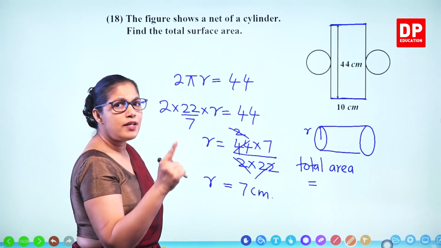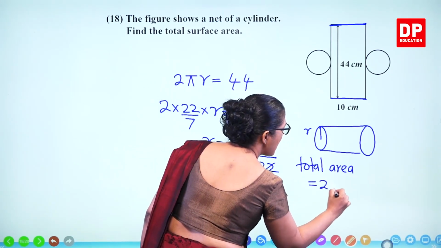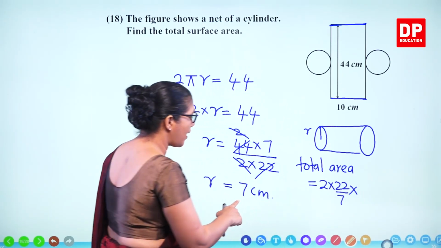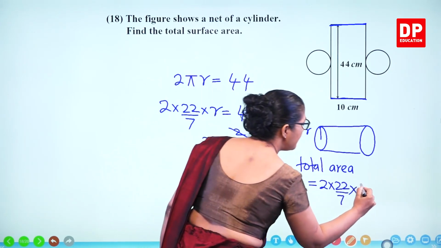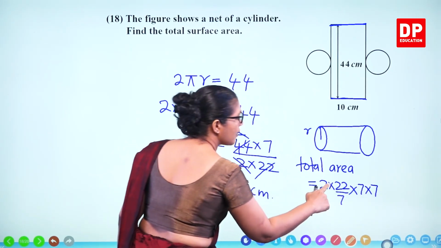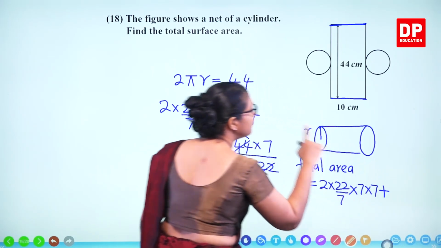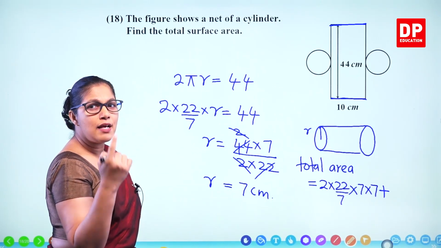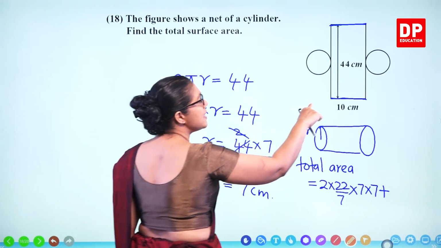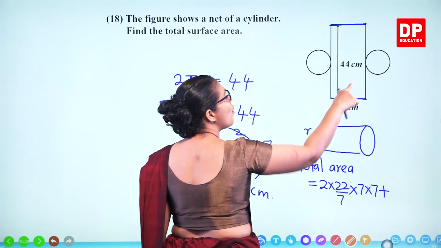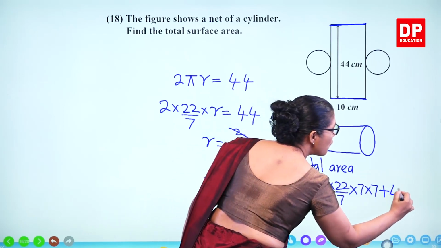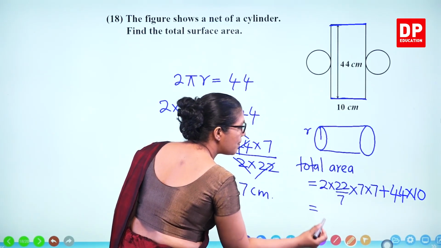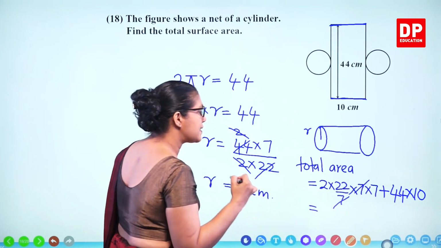pi r squared twice. 2 times pi, 22 over 7, r squared, 7 times 7, plus the area of the rectangle. So what's the area of the rectangle? Length is 44, width is 10, 44 times 10. Now simplify, 7 and 7 get cancelled out.